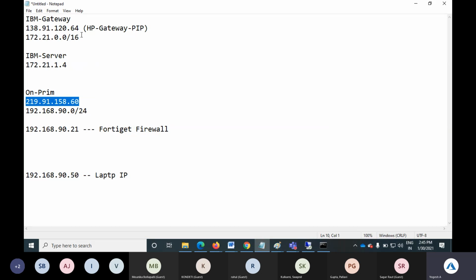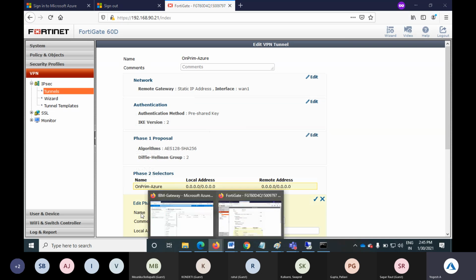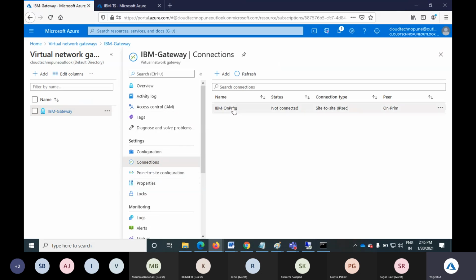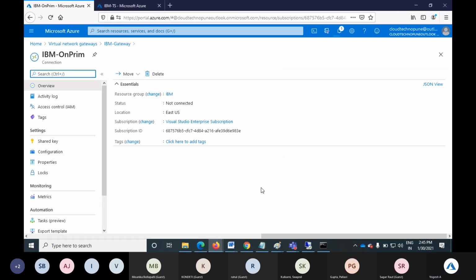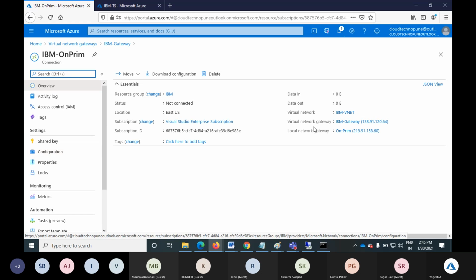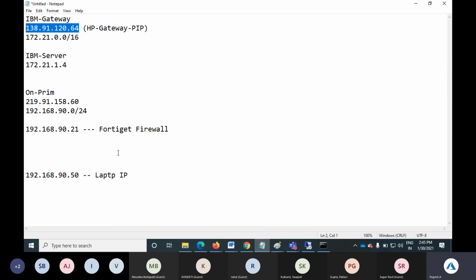Okay, it's connecting to the IBM. We cross-verify the IP address from the IBM connection as well. Okay, 192.91.158.16 is the correct IP.